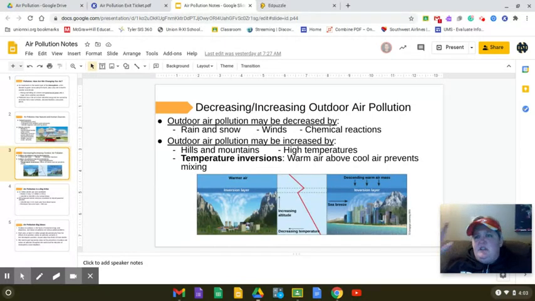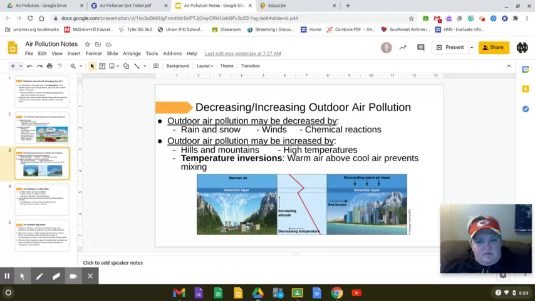The water droplets, the water vapor in the air, attach to the dust particles and chemicals in the air and bring them down. When it falls as rain, snow, sleet, or hail, it gets rid of the air pollution, but it increases the water pollution, which is the next unit. So it doesn't really get rid of it. It just moves it to a new system.